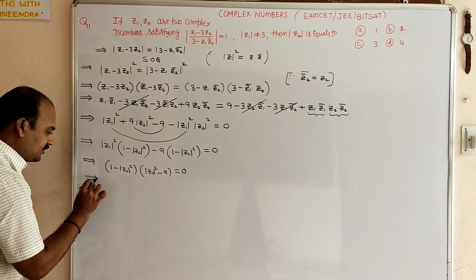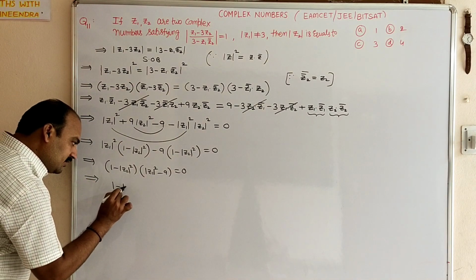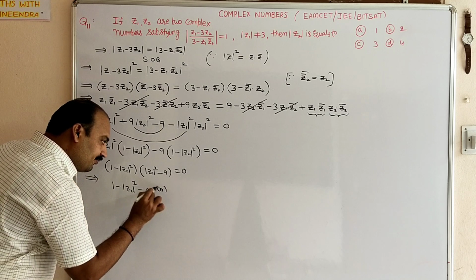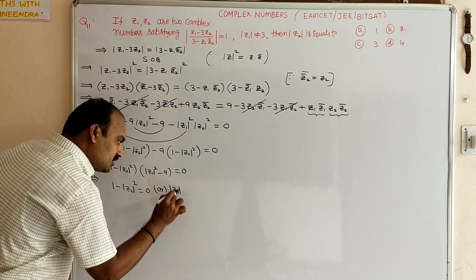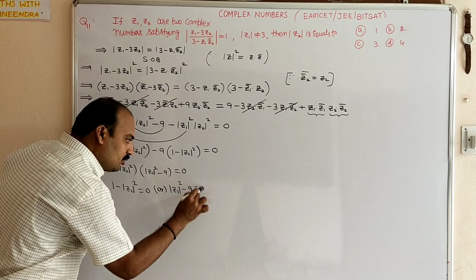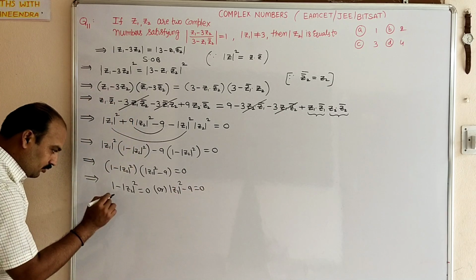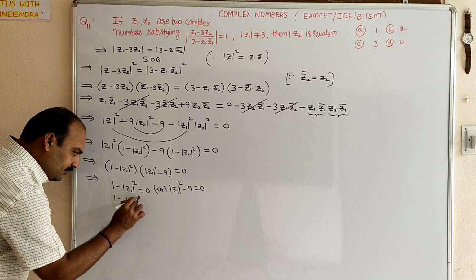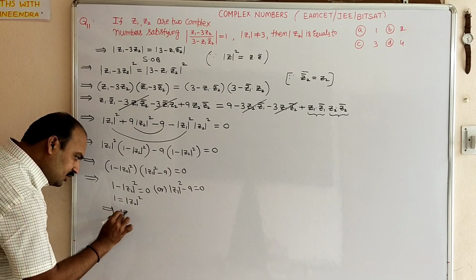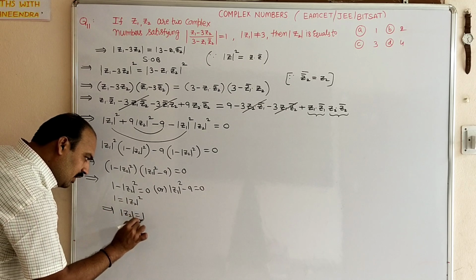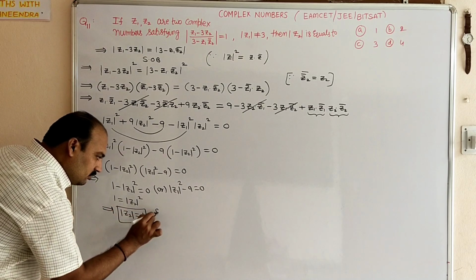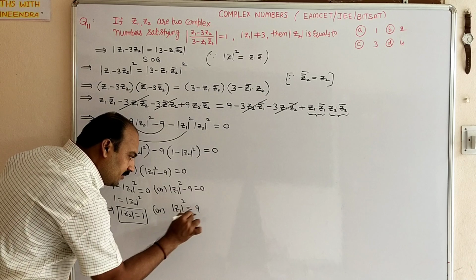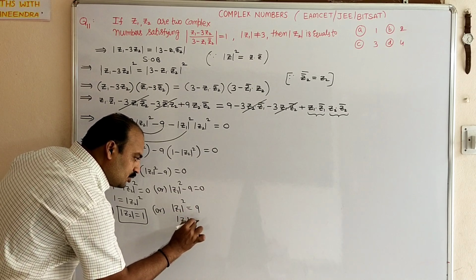So that implies 1 minus mod Z2 square equal to 0, or mod Z1 square minus 9 equal to 0. From here, 1 is equal to mod Z2 square, that implies mod Z2 is equal to 1, or mod Z1 square equal to 9, mod Z1 is equal to 3.